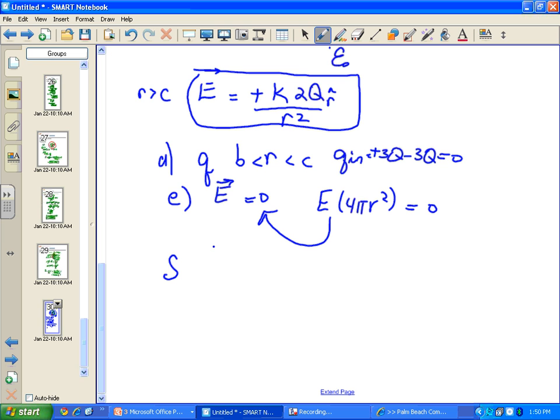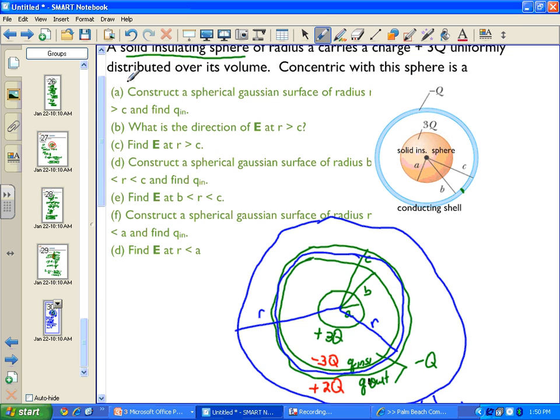In part F, we're asked to construct a Gaussian surface and find Q at r less than a. At r less than a, we are within the insulating sphere, so we've got smaller quantities of charge than plus 3Q.